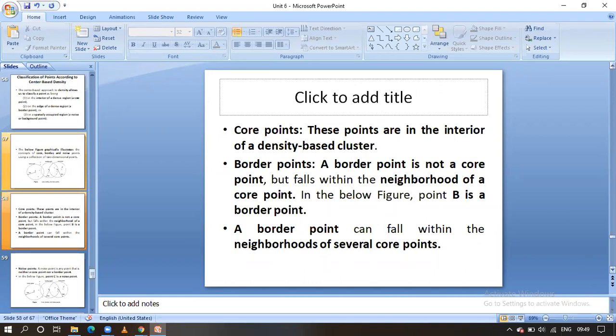A border point is in the neighborhood of a core point.